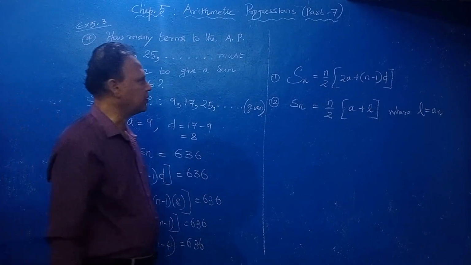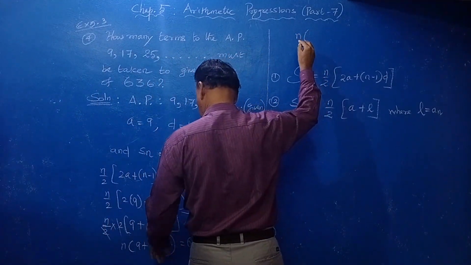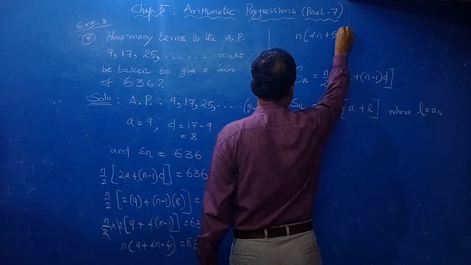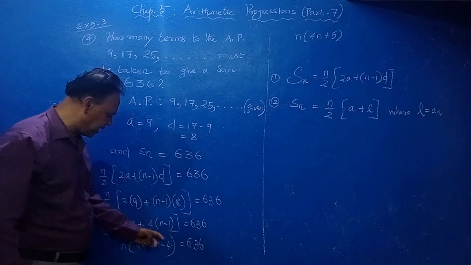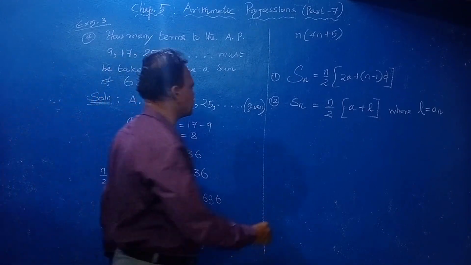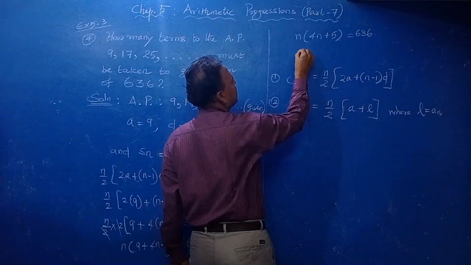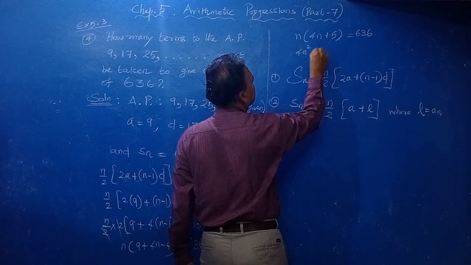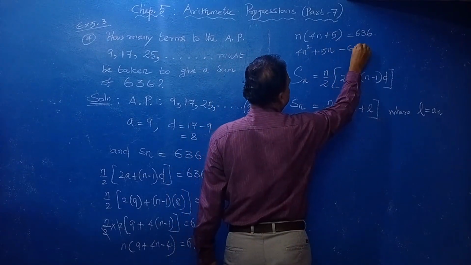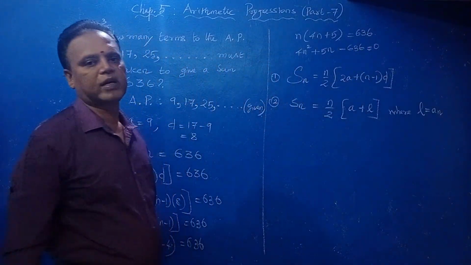So n into 4n plus 5, equal to 636. Now multiply n: 4n squared plus 5n minus 636 equals 0, bringing it to this side. That means it forms a quadratic equation.